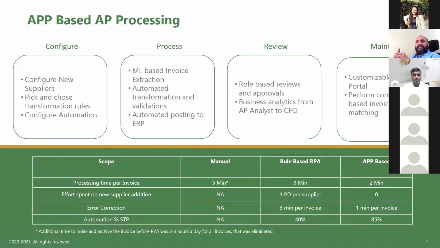And the cycle time in terms of complete end-to-end processing is from receipt of your invoices into your environment or organization to the time the invoice is ready for payment. Payment again depends on schedules and a lot of other factors. So what we see is from the time the invoice comes in to the time the invoice is ready for payment, after matching and approvals, is where the actual game is in terms of, one, registration, and two, a lot of times you have hidden efforts in terms of error handling.